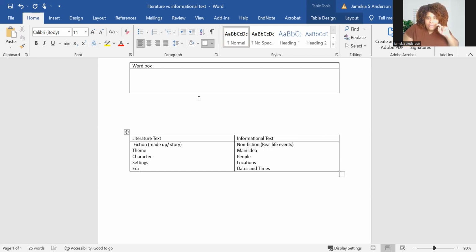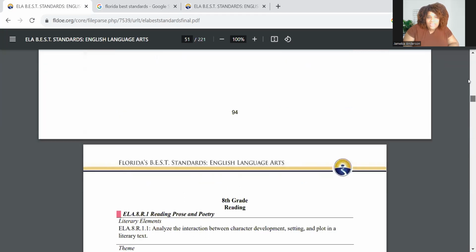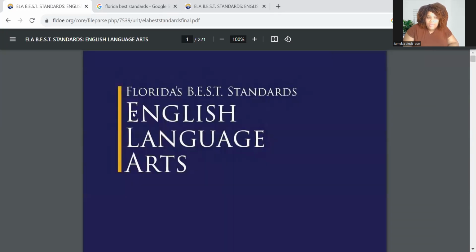So, screen share. Got it. All right. So going back over to this resource that I showed you guys earlier, this is your ELA language arts standards.